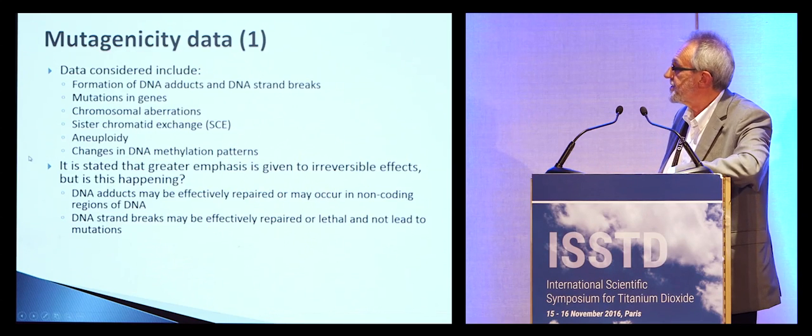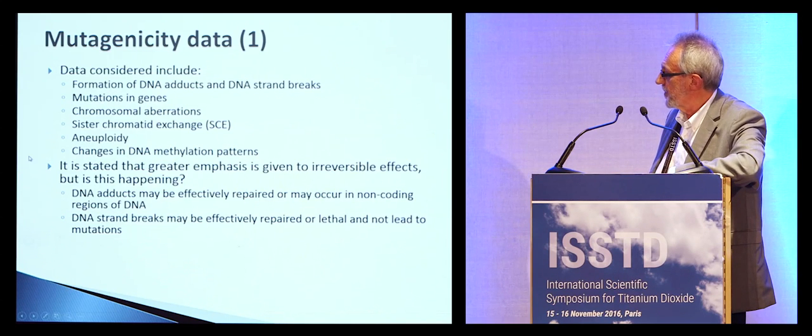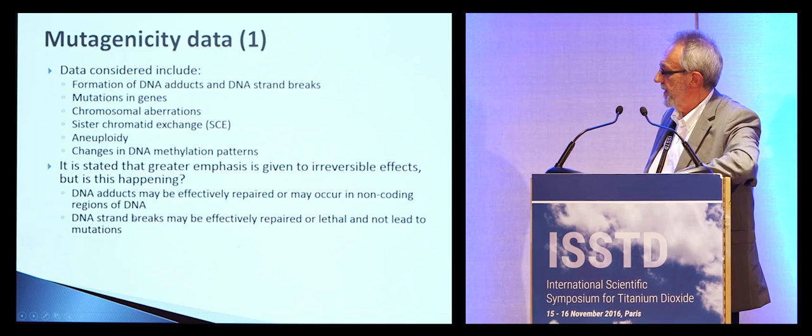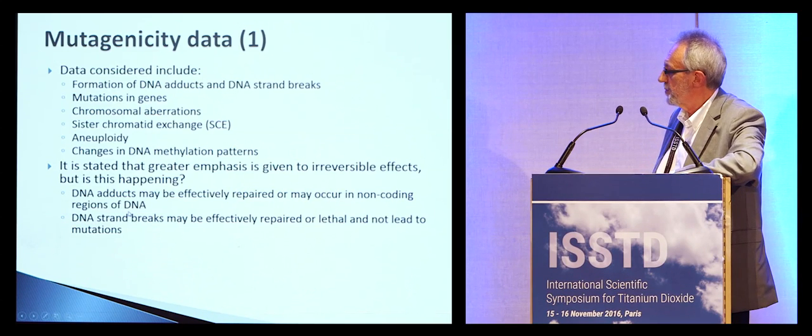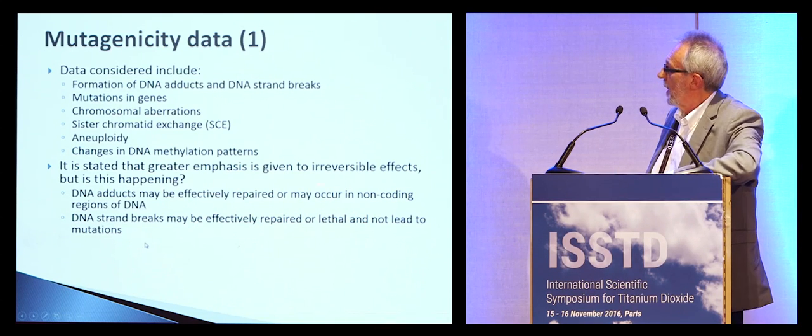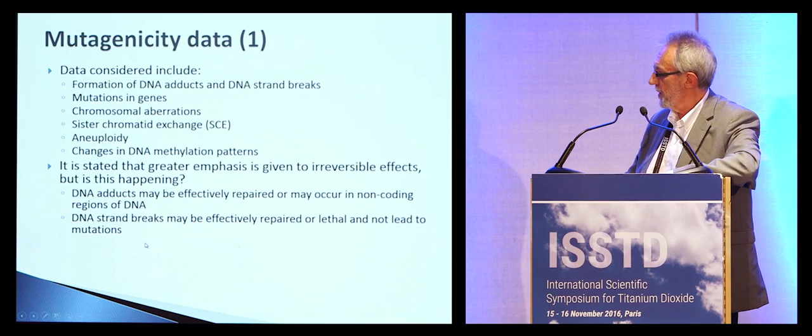And it is stated that greater emphasis is given to irreversible effects, but is this actually happening? DNA adducts may be repaired effectively, or may occur in non-coding regions of DNA and therefore not lead to mutations. DNA strand breaks may be effectively repaired, or may be lethal, and dead cells don't make tumors, and may not lead to mutations.